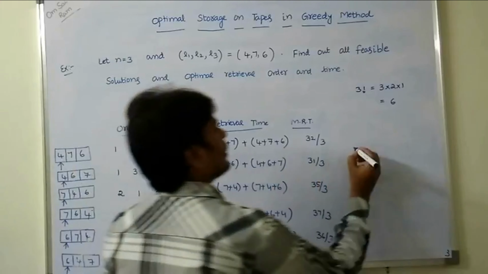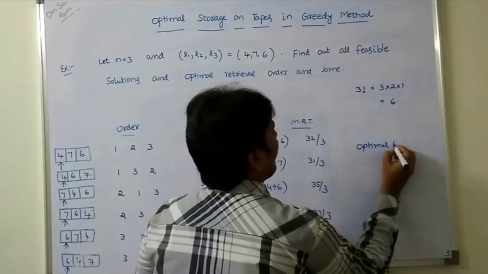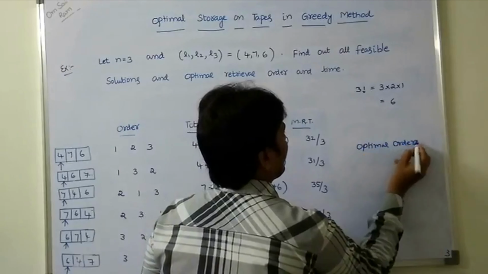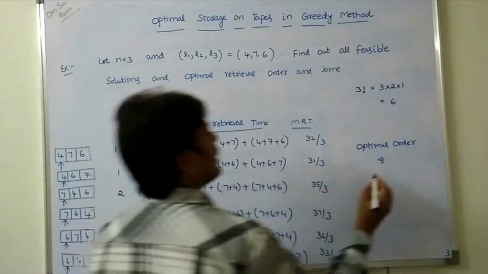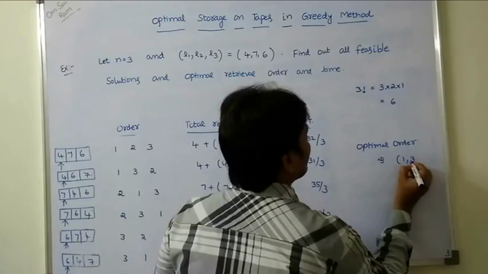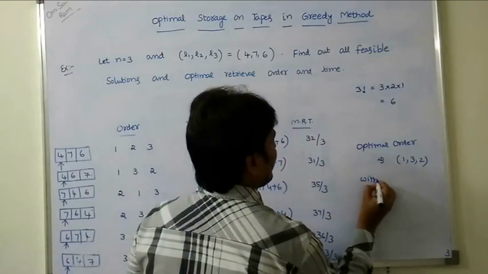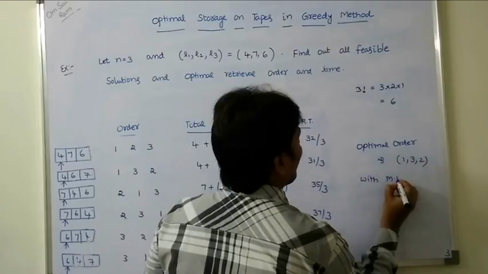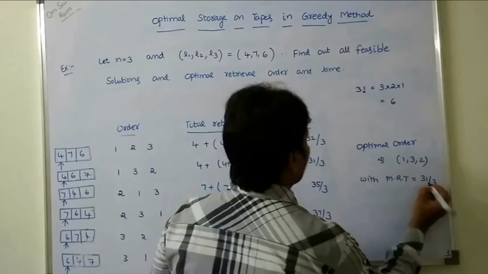So therefore, the optimal order is 1, 3, 2, with MRT, minimum retrieval time, equal to 31 by 3.